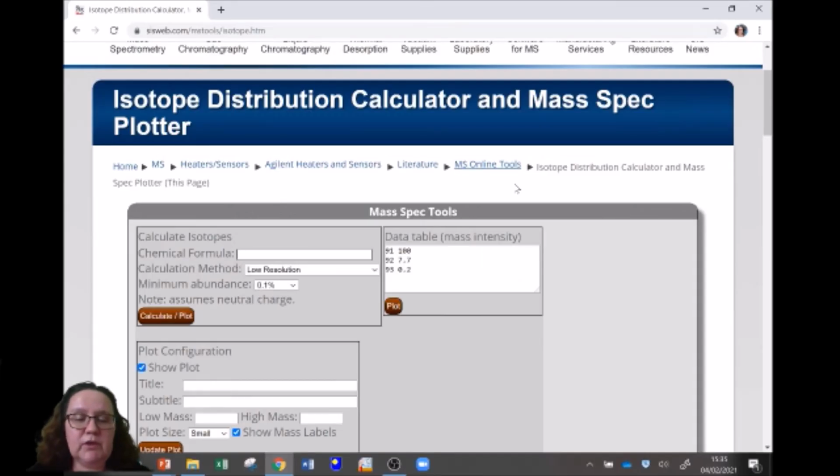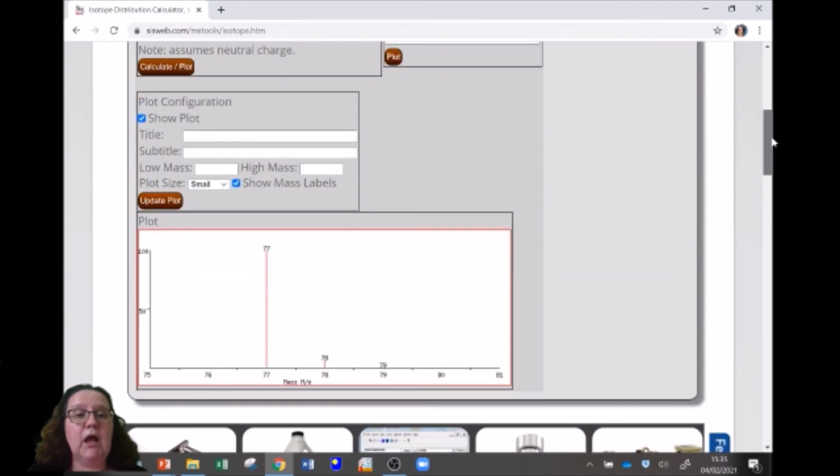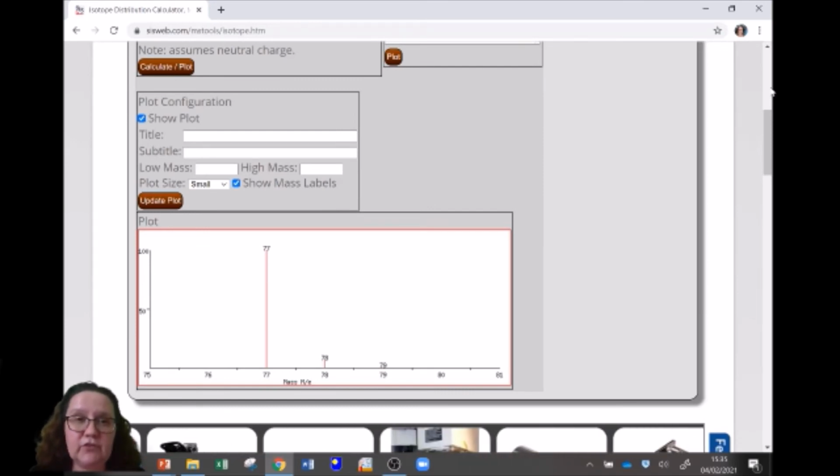So the benzene ring would be C6 because it has 6 carbons and 5 hydrogens, since in place of the 6th hydrogen there is a substituent on that carbon. If I type that in our isotope calculator, it suggests that the most abundant of the series of peaks, although they're quite mixed in our spectrum, would be a peak at a mass to charge ratio of 77.